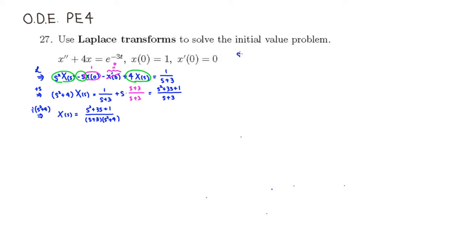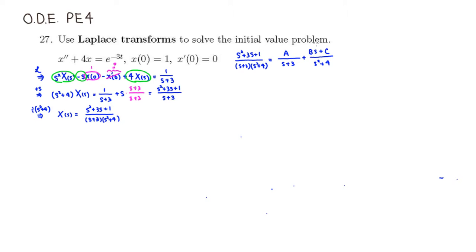You have s squared plus 3s plus 1 over s plus 3 and s squared plus 4, and this can be decomposed into a constant on top of s plus 3, plus bs plus c over s squared plus 4. So you have a linear term on top.